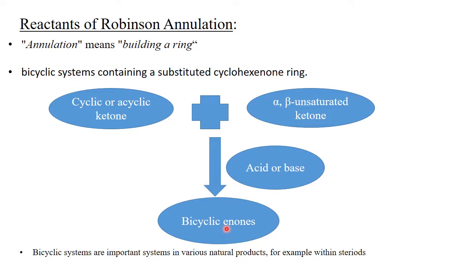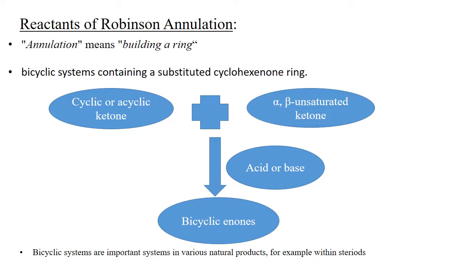When we have a bicyclic product, if the reaction is started with a cyclic ketone, then the product must be the bicyclic one. If the reaction is started with an acyclic ketone, then the product will contain a single ring, the cyclohexenone ring system.